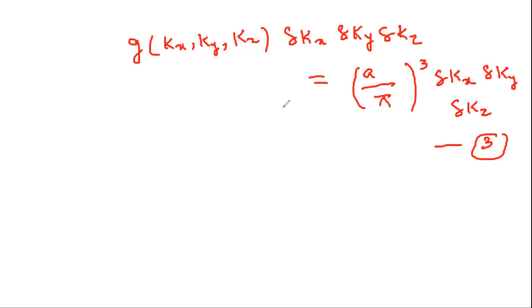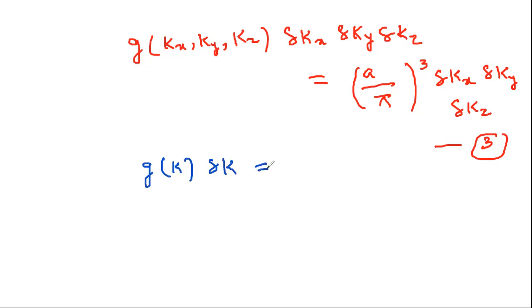Then we talked about another density of states function. We wrote another equation. Let me use another color for that. We wrote the equation for g of k delta k.